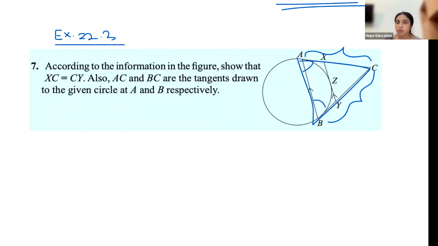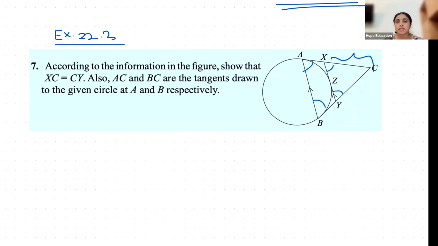If these two angles are equal, then using corresponding angles, with these parallel lines, the F shape, these two are also equal. Therefore, these two are also equal because it's an isosceles triangle.